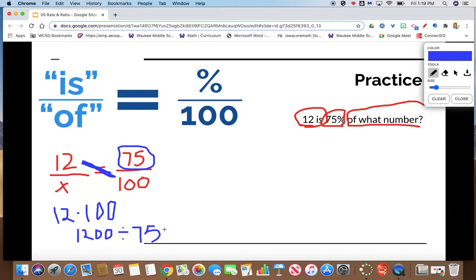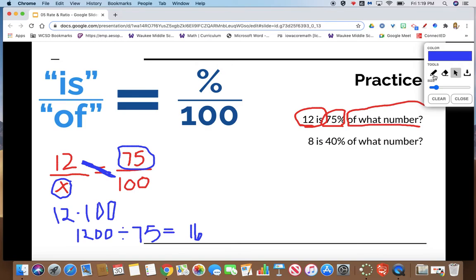When I divide 1,200 by 75, you're welcome to use a calculator, I get 16. That means my missing whole, my missing of, is 16. That means 12 is 75% of 16. Does that make sense? Yes, 12 is 3/4 of the way to 16, so that answer makes sense.